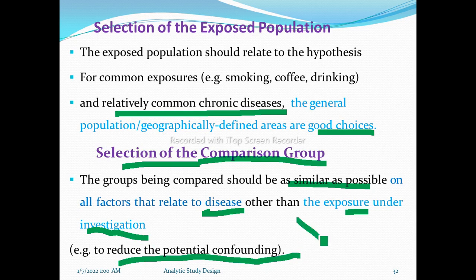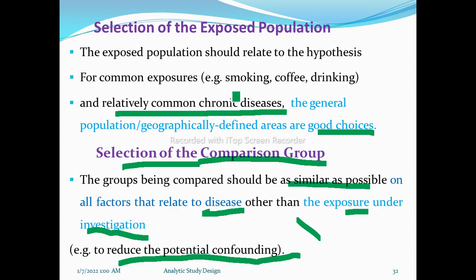For instance, if exposed individuals are selected from the general population, controls are selected from the general population. So all characteristics will be similar and related to the disease except the exposure under investigation.